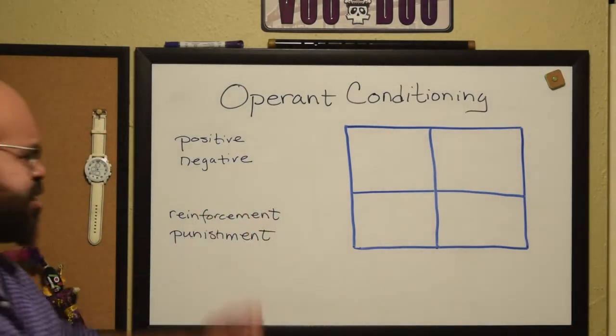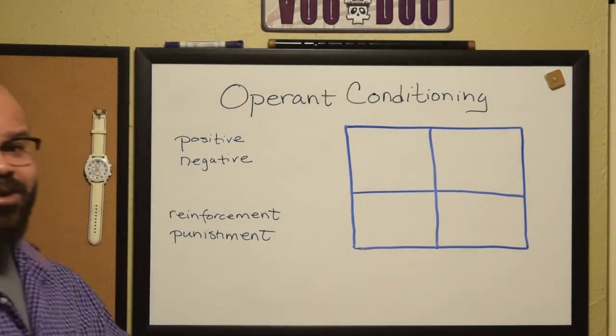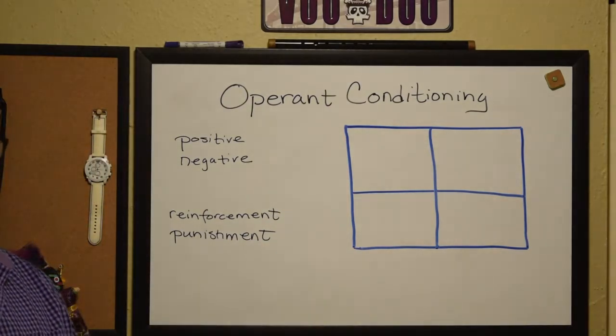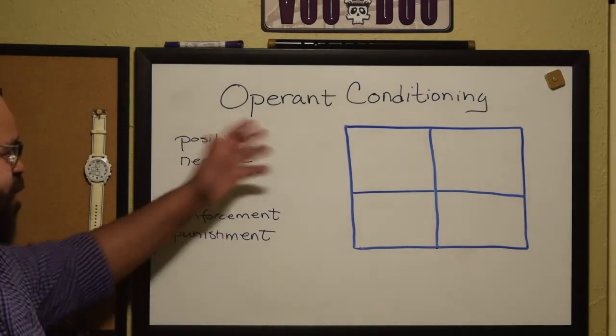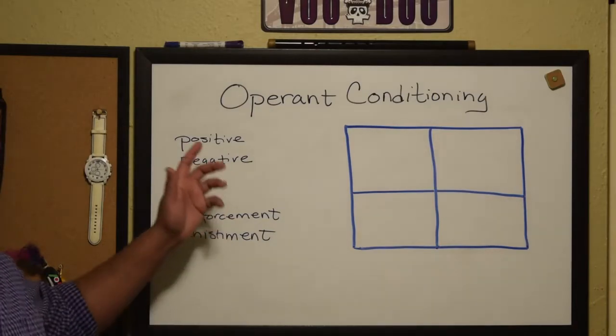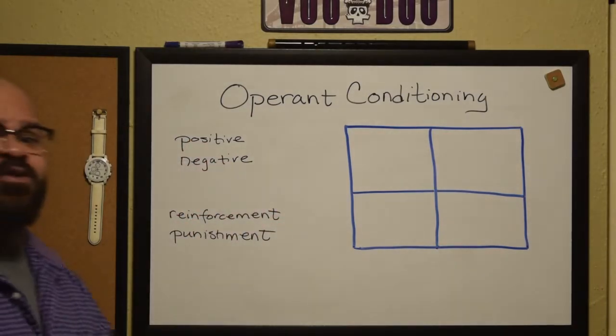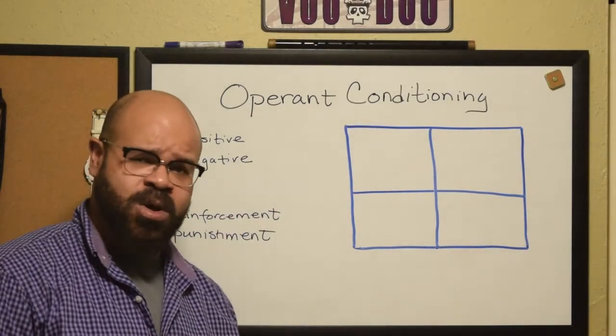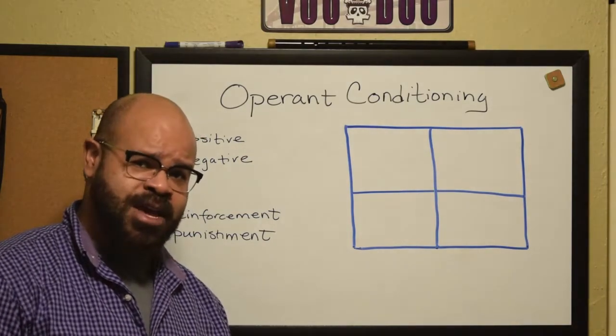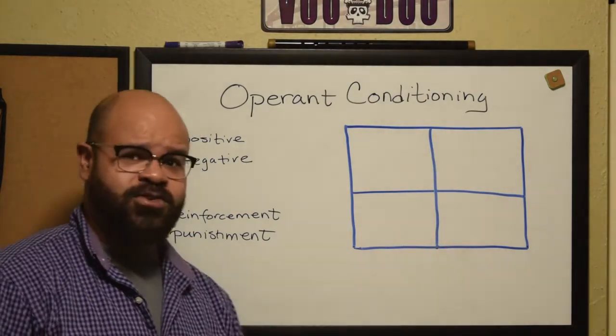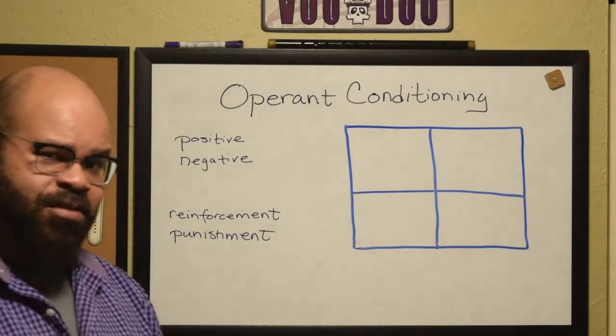I know it might be tough to see some of these things, especially if you're watching on a phone, so I'm trying to say the words out loud so that you can follow along and at least know what I'm writing. So what do these words mean, and how can we combine them to get an understanding of this type of conditioning?